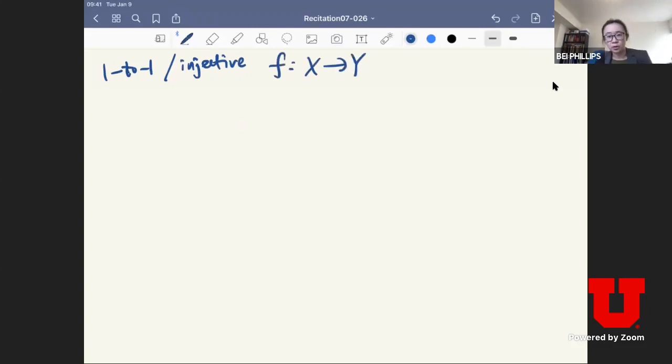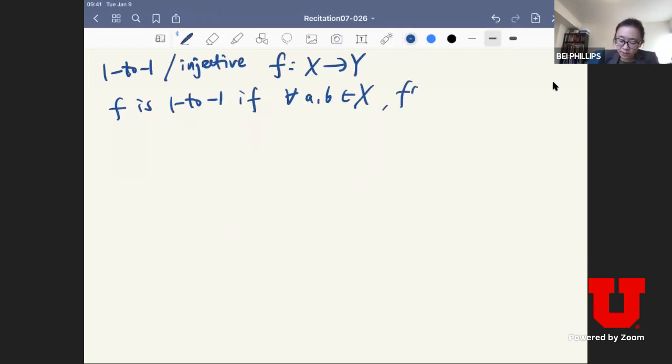So a function is one-to-one, or sometimes called an injective function, if it satisfies the following. Let's say my function is going from X to Y, where X, Y are the domain and codomain. F is one-to-one if for all pairs of elements in the domain, if they map to the same element in the codomain, it implies those are the same element.